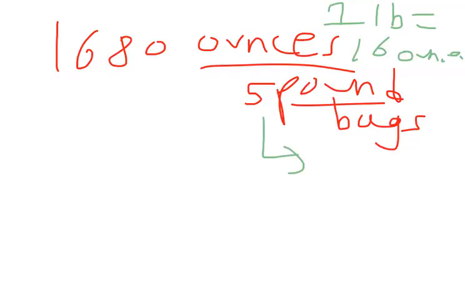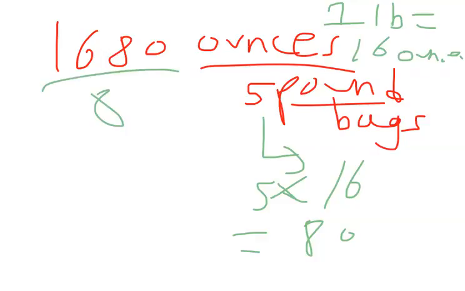So if 1 pound is 16 ounces, then 5 pounds is 5 times 16, which gives you the ounces per bag. That's 80. So you have 1,680 ounces, and you want to package them into 80-ounce bags.